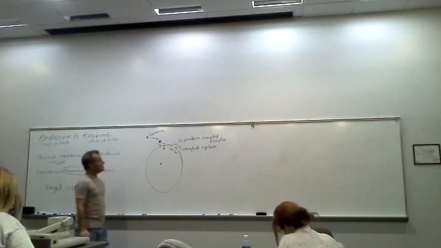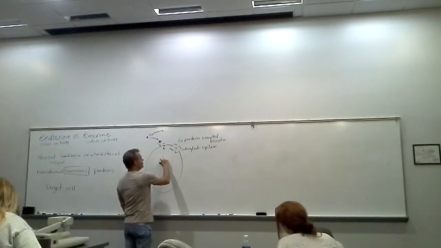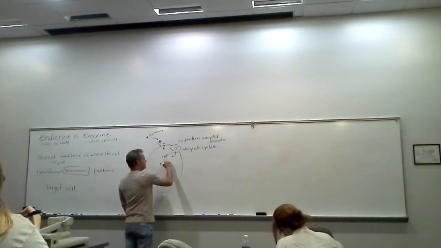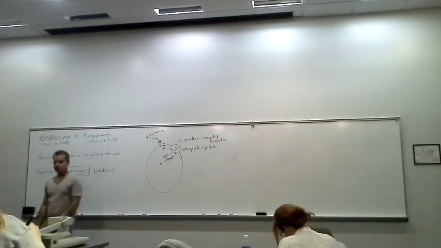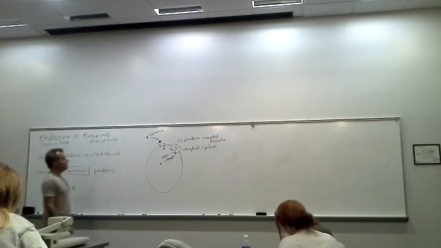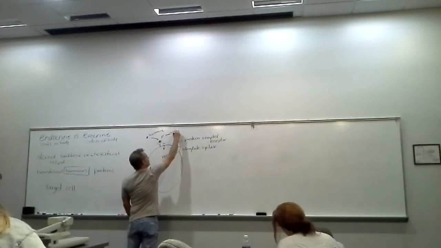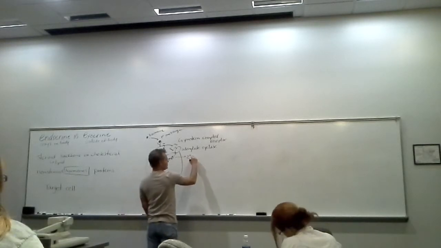And when adenylate cyclase is on, it will take a molecule of ATP and circularize it to cyclic AMP. So this is the primary messenger. Cyclic AMP is the secondary messenger.